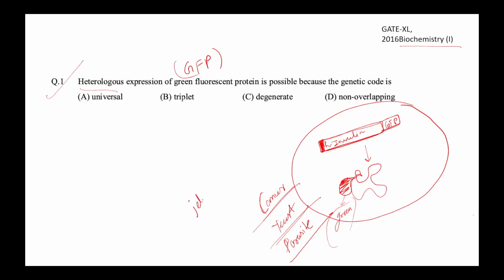Suppose this protein belongs to jellyfish, and I'm putting the gene, the gene sequence from the jellyfish, inside this cancer cell, yeast cell, or parasite cell. Even though I'm putting the gene, the synthesis of this protein is happening. So why is that synthesis happening?